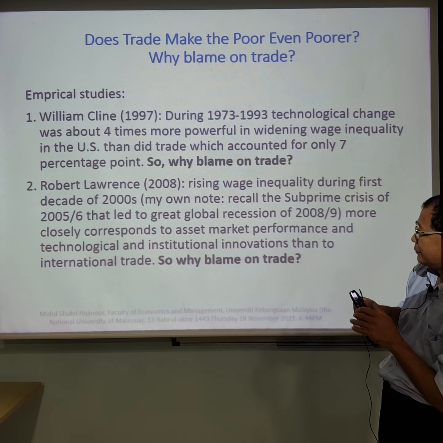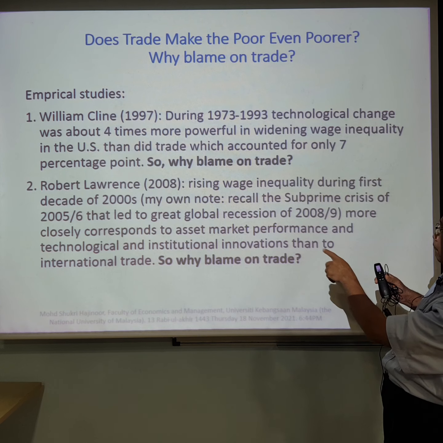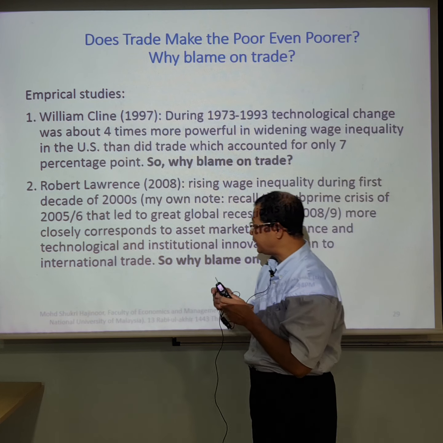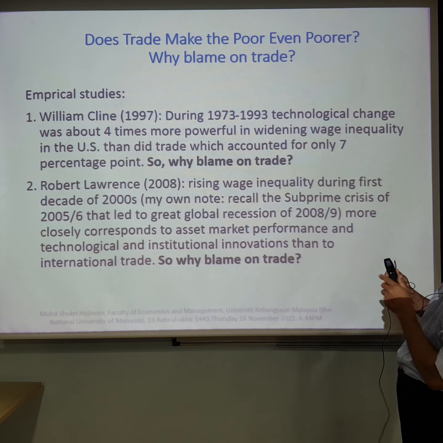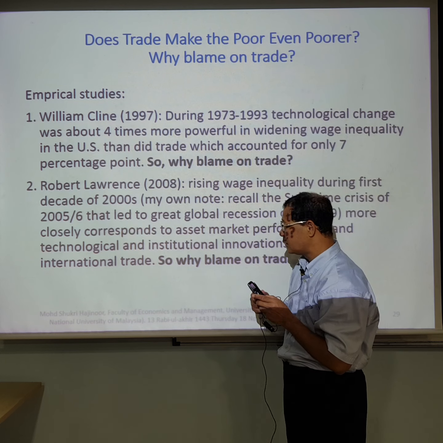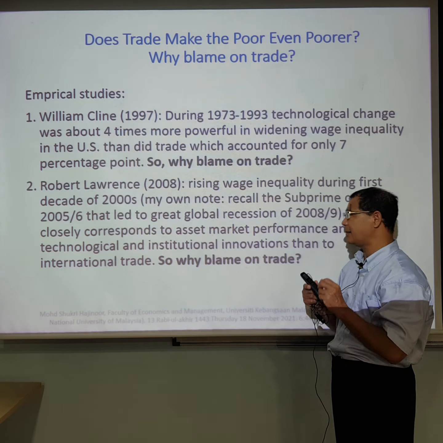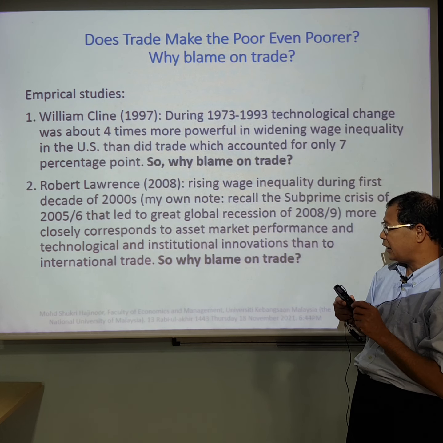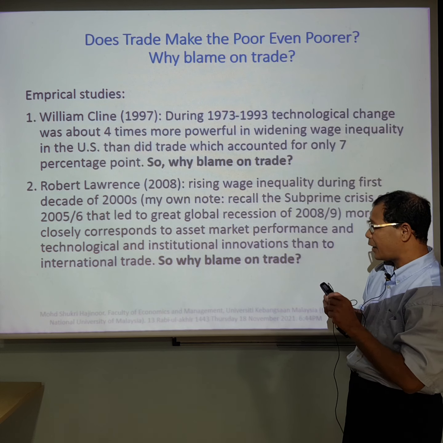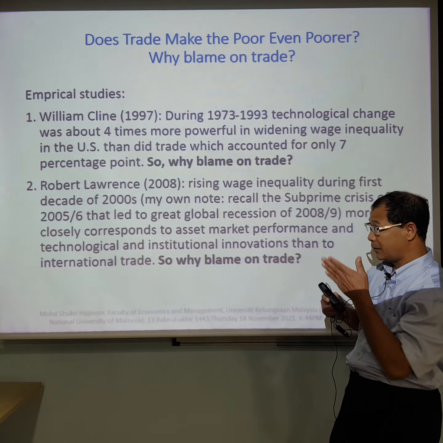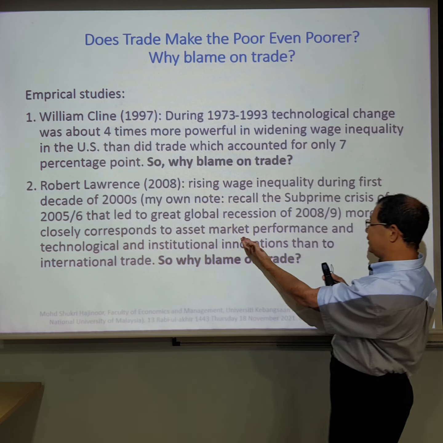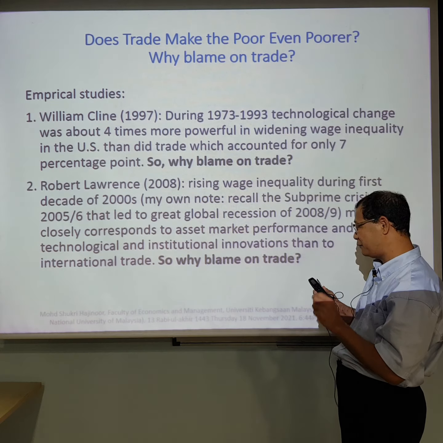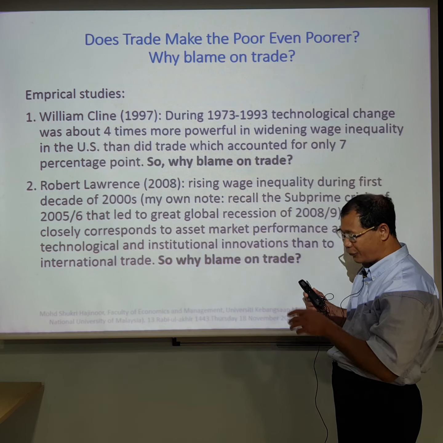He found that during the first decade of the 2000s, wage inequality more closely corresponds to asset market performance, tax change and institutional innovation rather than to international trade. Because the asset market was booming, it was not simply because of trade. So why blame trade?